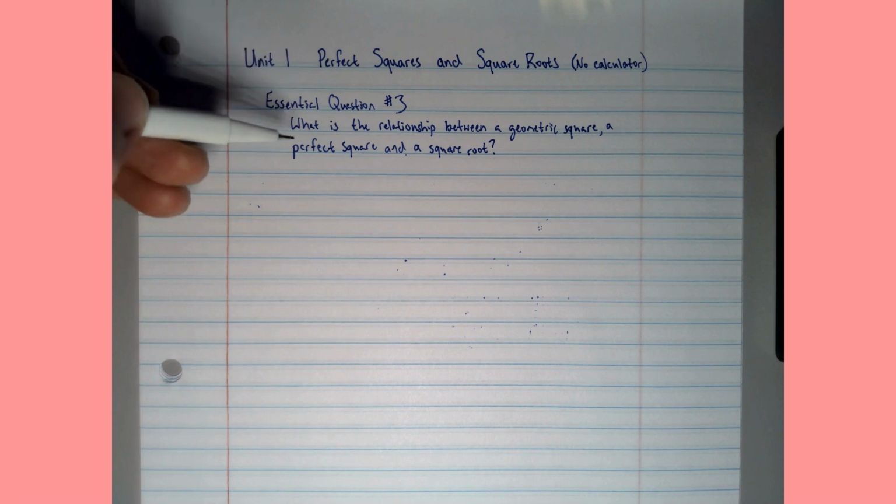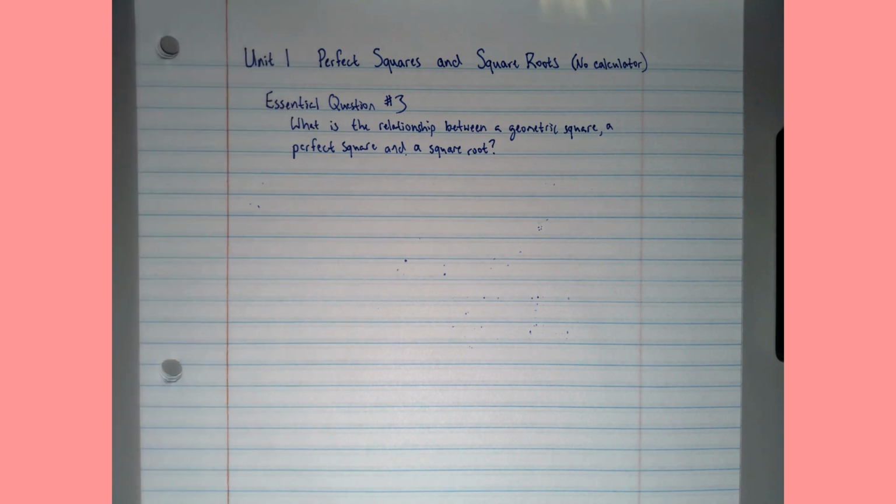Again, my handwriting is not the best at the moment on this one question because I'm rushing through so I don't take up too much of y'all's time. But hopefully you'll hear the audio of this and know what it says. So what is the relationship between a geometric square, a perfect square, and a square root?